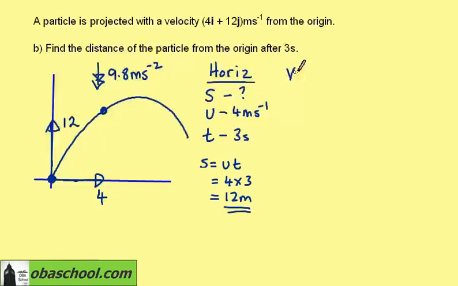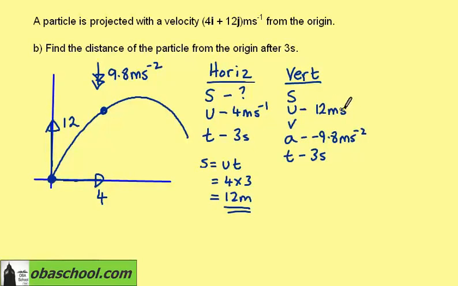Now consider the vertical motion. Collect the information with SUVAT. We know the time is 3 seconds. The acceleration is minus 9.8 meters per second squared, taking upwards as positive. u is 12 meters per second, and we want s.